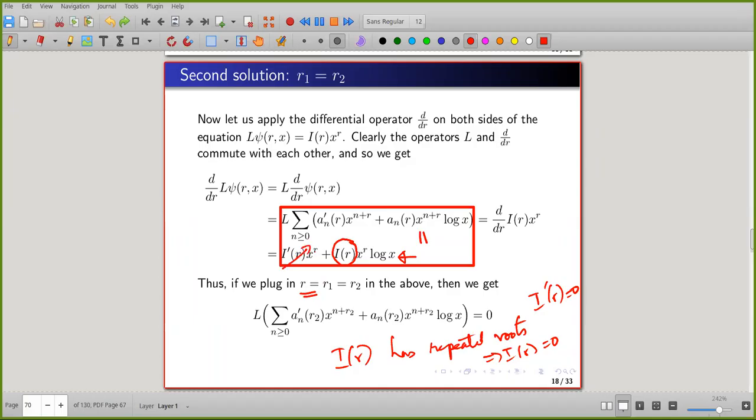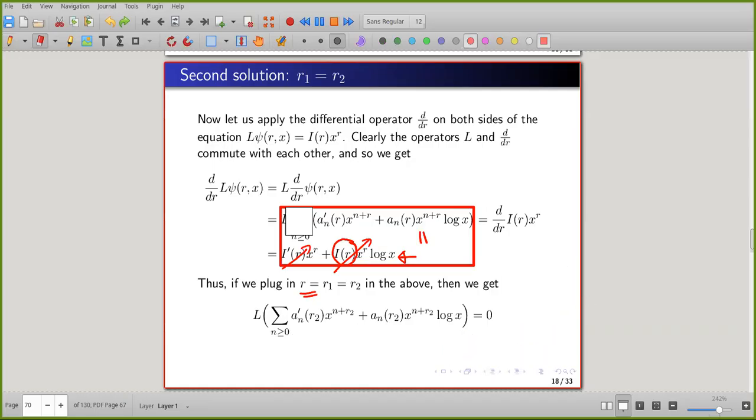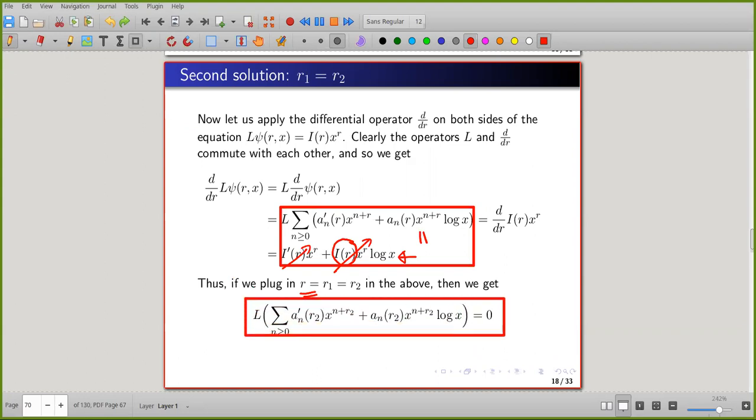I dash r becomes 0 and I of r becomes 0. Therefore, we get that L of this function is 0. But now this function involves log x, so this should clearly not be equal to our earlier function.